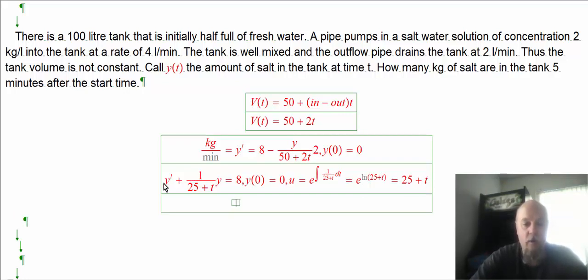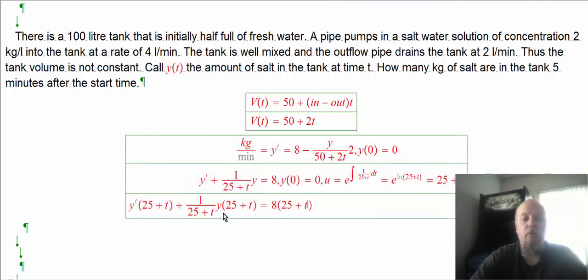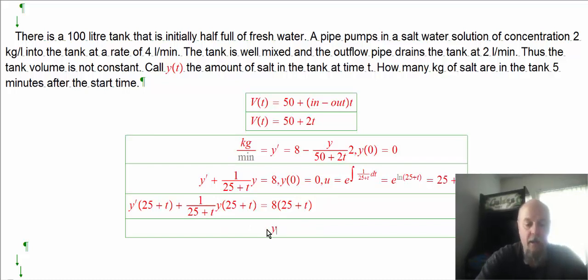I'm going to take the original y prime plus py equals q equation and multiply all three sides by 25 plus t. Now, this 25 plus t and this 25 plus t can cancel. I'm not going to bother though, because I'm going to integrate both sides, and I know that this left hand side integrates to be y times the integrating factor.